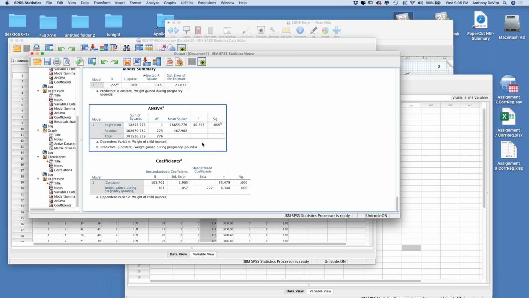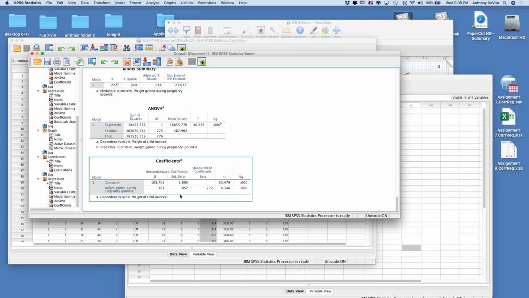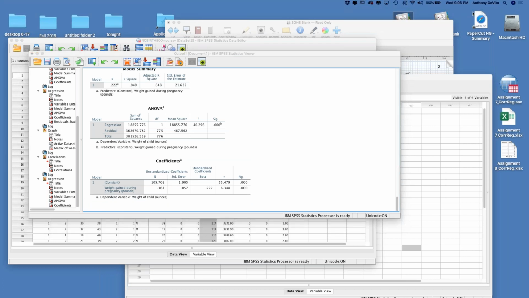We might actually take a look at another one. So what if I want to put together my formula? Well, my formula is going to be y equal to the slope, 0.361, times x plus 105. Right? So let me get a piece of paper.